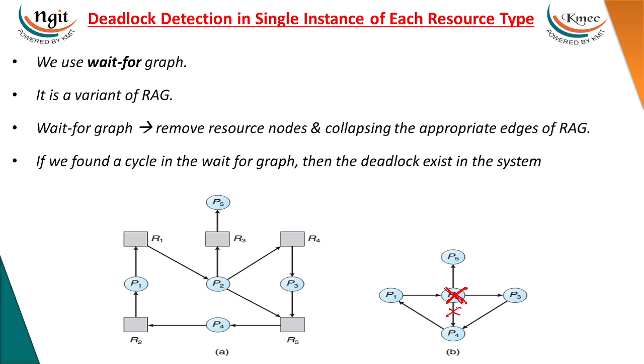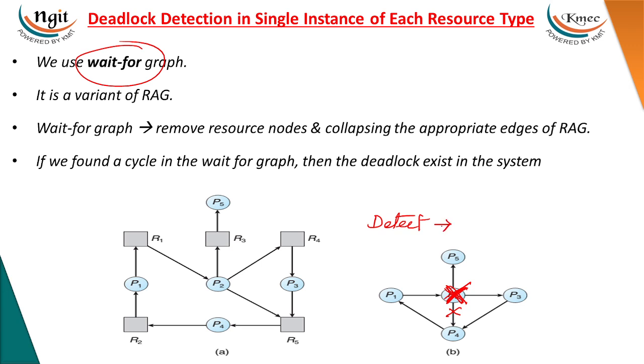If you remove P2, maybe there is a chance to recover from the deadlock. This is one way. By using the wait-for graph, we can detect whether a deadlock occurred. Here it is not recovery, not deciding which process will be removed.